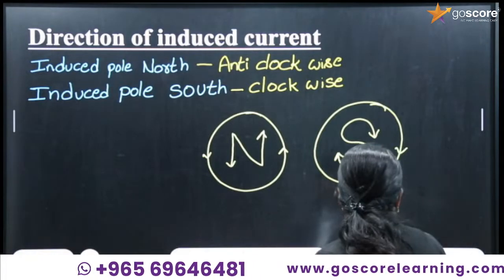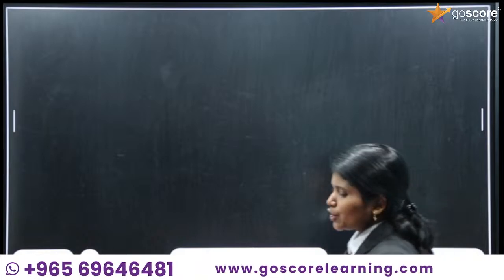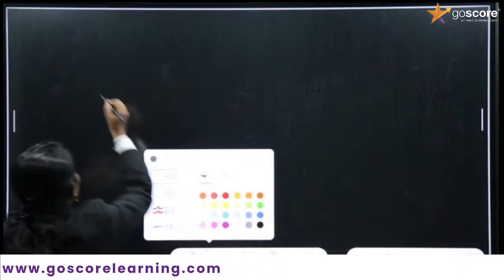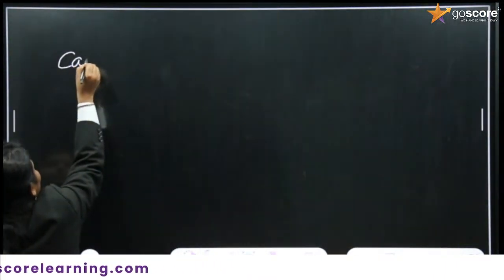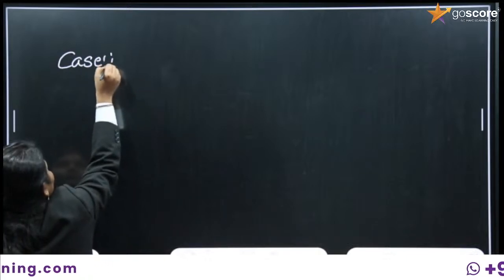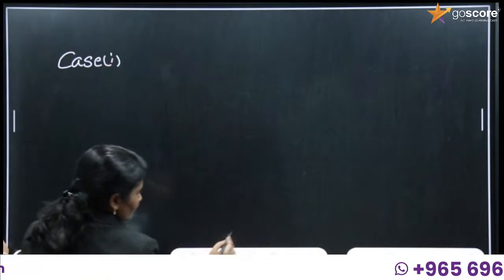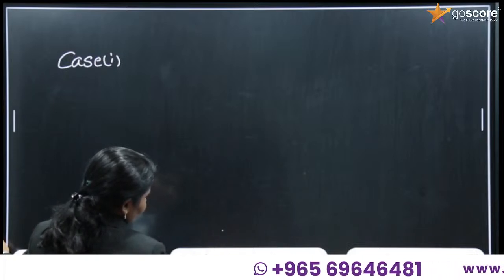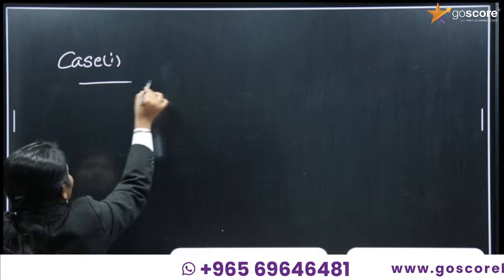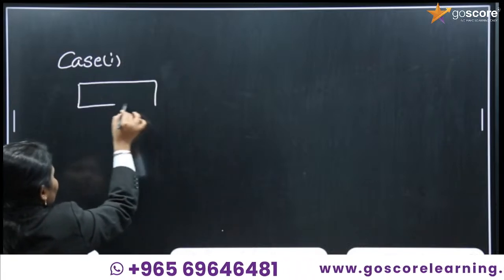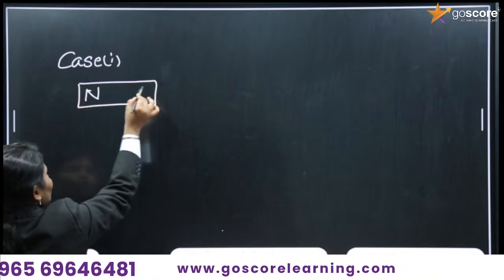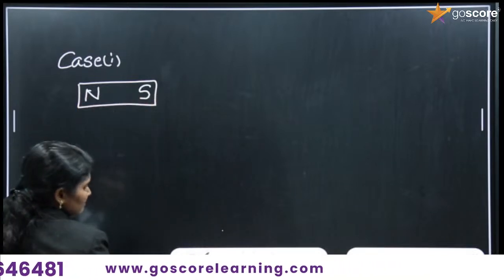Now we will discuss the cases. What is the direction of current by the Lenz law? Case 1. Magnet, north pole, south pole.